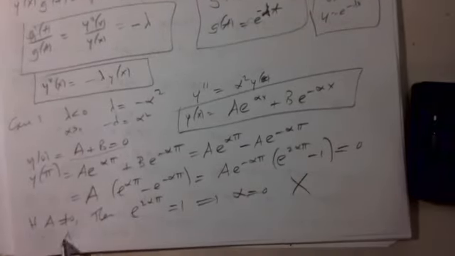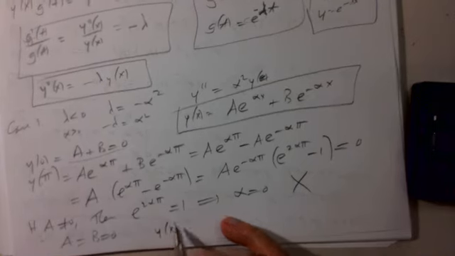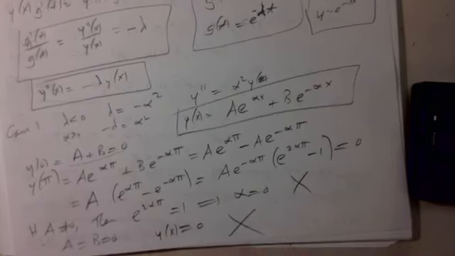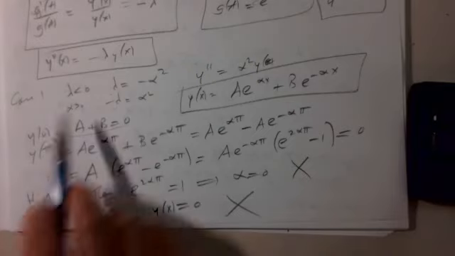So we have a and b equal to 0, which means that y of x is the 0 solution, and we're looking for a non-trivial solution. So this case is impossible. So you can't have lambda less than 0.